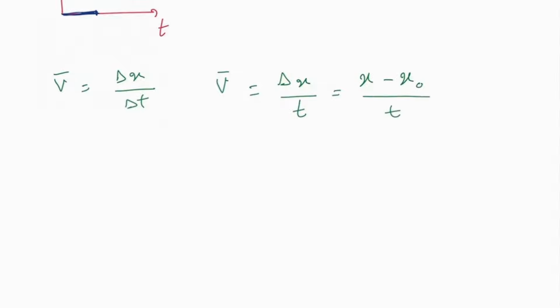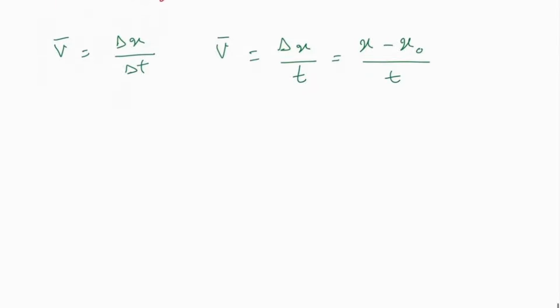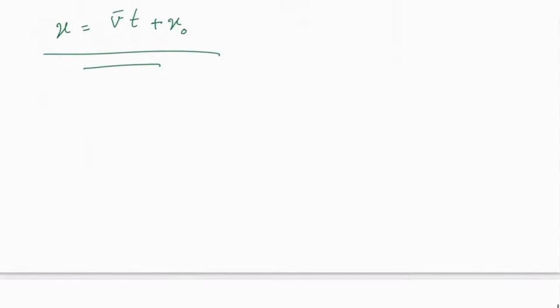And then we solve for x. So then x would be vt plus x0. So this is our first equation. Also, when a is constant, the average velocity is the simple average of initial and final velocity, and it can be written like so. So average velocity would be v plus v0 divided by 2.